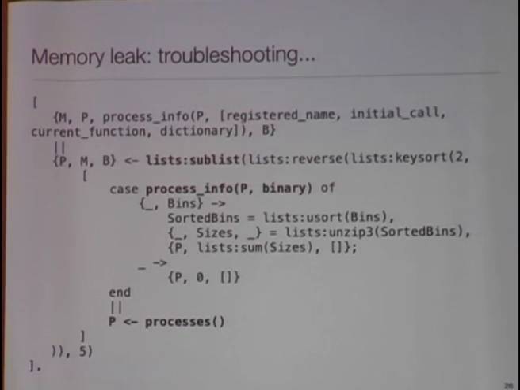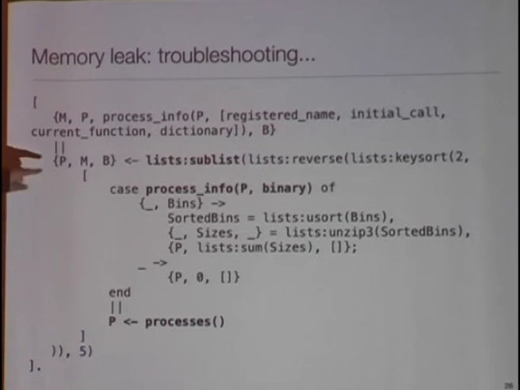And this function goes over the list of processes, and it extracts information of binary references by calling this process info function and doing some actual work to extract that information.